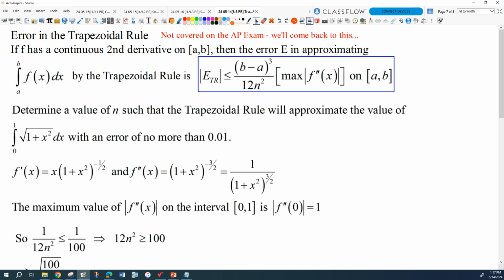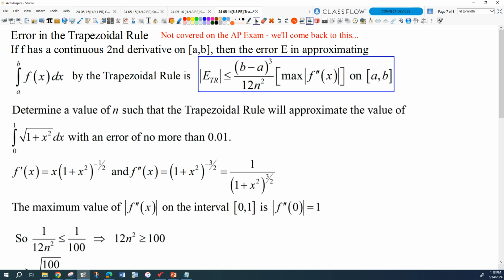There's the error formula for the trapezoidal rule. Here's what it is. If the function f has a continuous second derivative on our closed interval, then the error E in approximating with the trapezoidal rule is given by this formula: the absolute value of the error is less than or equal to (b minus a) cubed over 12n squared, times, and this is a weird one, the maximum of the absolute value of the second derivative on your interval.